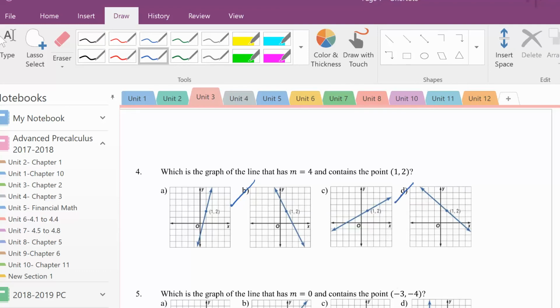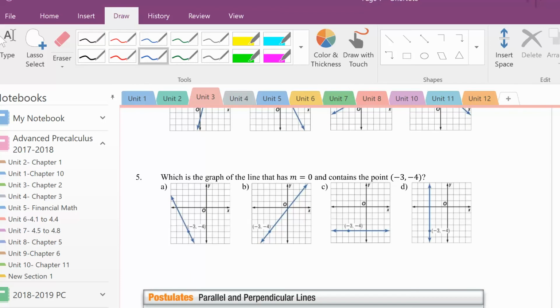Same with D. Of the choices of A and C, remember 4 over 1 means you go up 4 and to the right 1. So from 1, 2, if you go 1, 2, 3, 4 up and to the right 1, that matches. Here, if you go 1, 2, 3, 4 up and to the right 1, that does not. So it's A.